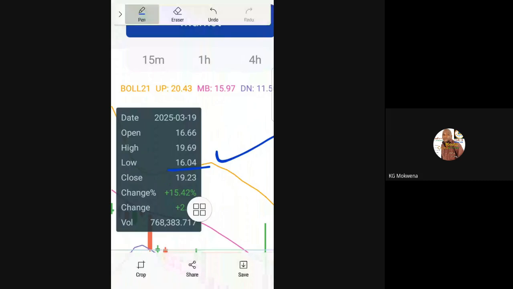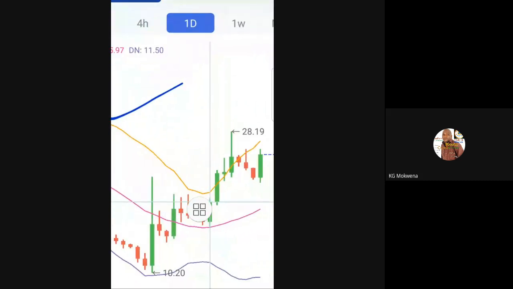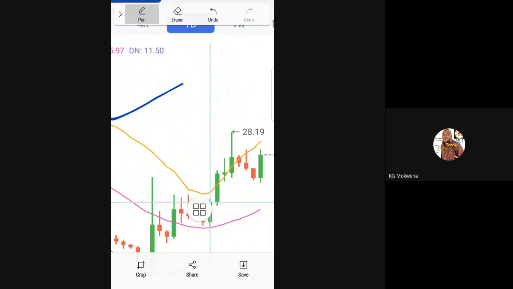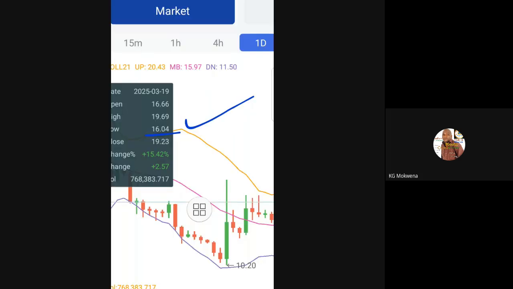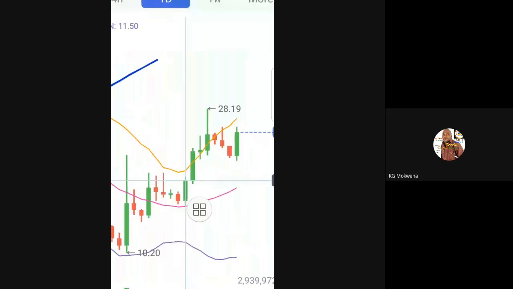You see, $16.04. And then not only that, we're going to set up a trade for this banana at that price, $16.04. We would want to trade this after such a huge pump that happened today.